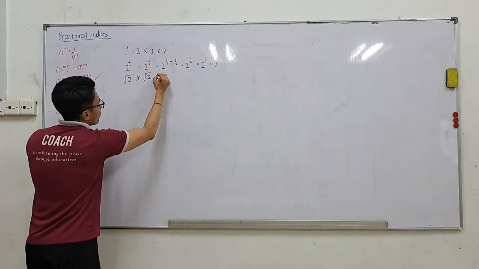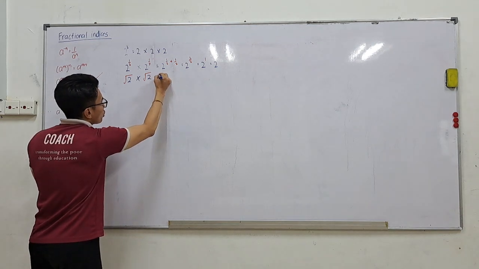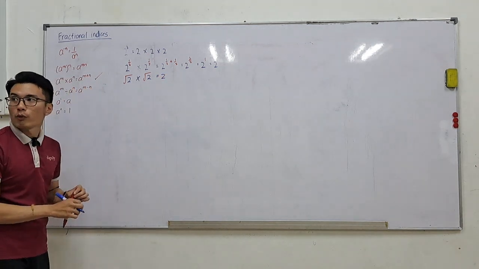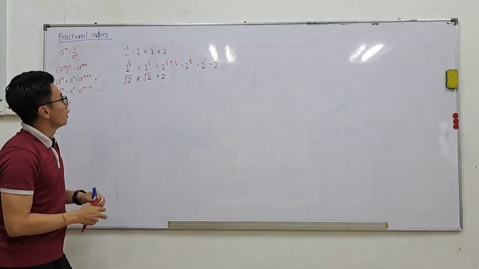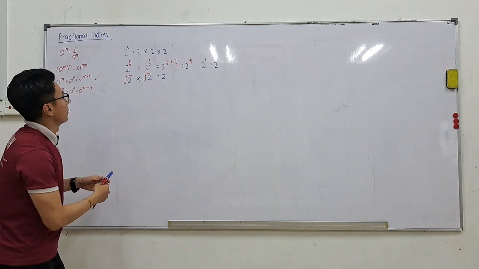You can check this with your calculator: the square root of 2 multiplied by the square root of 2 gives you 2.